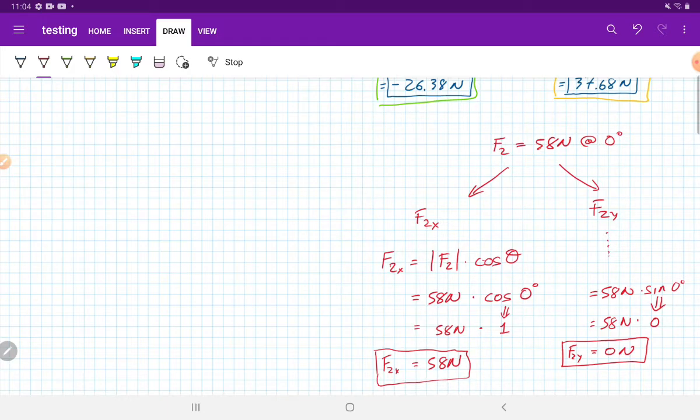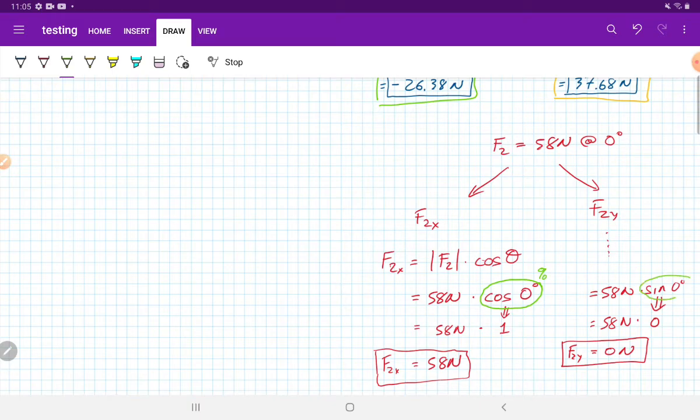Now, hopefully you're starting to see that this part of the calculation is interesting. This is the percentage of the total that actually contributes in the x direction. So if this value is 1, it means that my entire force is pushing in the x direction.